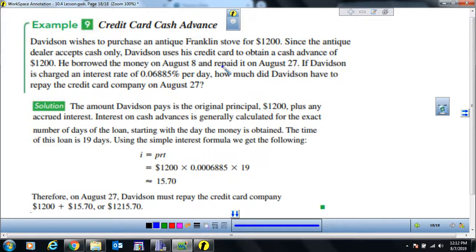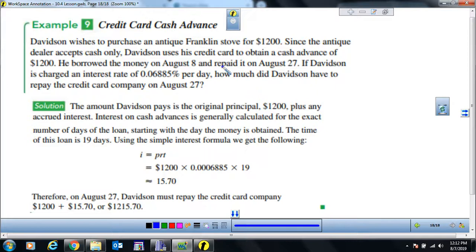So for when you want to take money out of your credit card, remember that the difference is that you have a grace period where they're not charging you interest if you pay within the due date when you use the credit card for purchasing things at the stores or at restaurants. But when you take money out, there's no grace period. They're going to start calculating the interest right away.